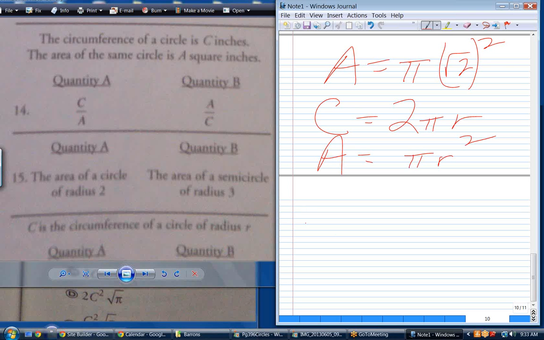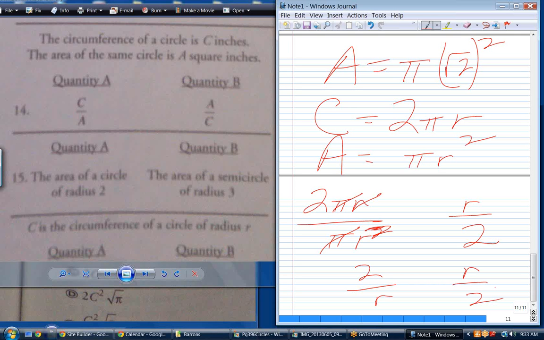Okay, well, what is C over A based on these two formulas? Could it be 2 over r? Exactly. And what is A over C? R over 2. So which is bigger, 2 over R or R over 2? Doesn't it depend on what the radius is? Exactly. So we can't tell.